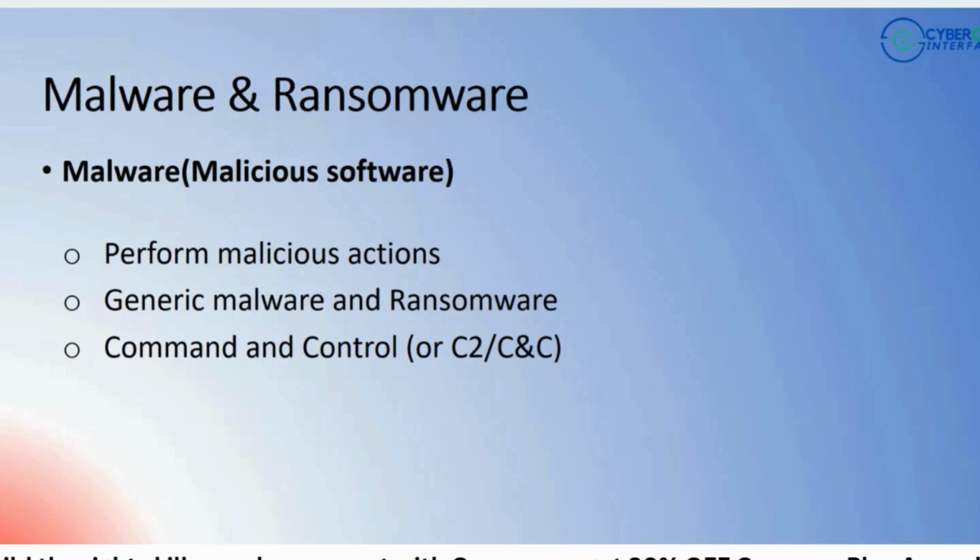Then malware operates in what we call command and control, C2 or C and C. Command and control is basically a malware, or software, that sets up or infects a target and then communicates back to the server so that the server can control that target.